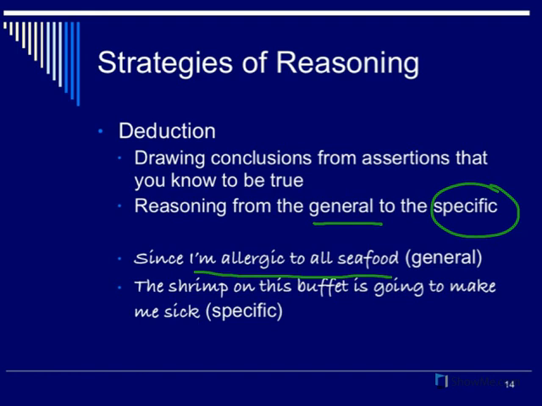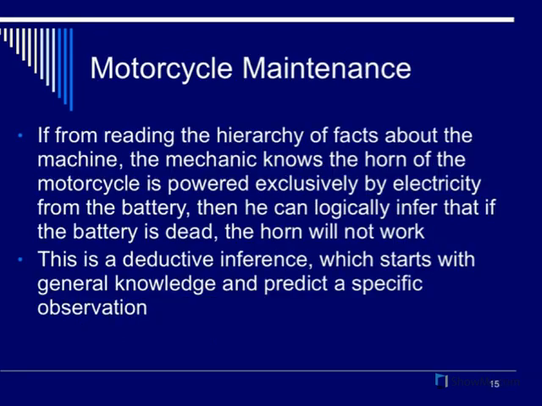I then apply it to a specific situation in deductive reasoning, where I know that on this new occasion, when I eat this shrimp at the buffet, it's going to make me sick. Once again, this is a specific instance based on a general conclusion that you already had established, and so then you come to a specific conclusion.